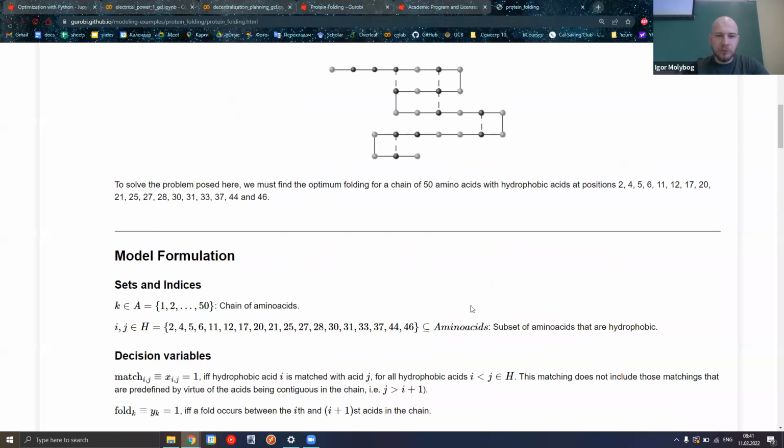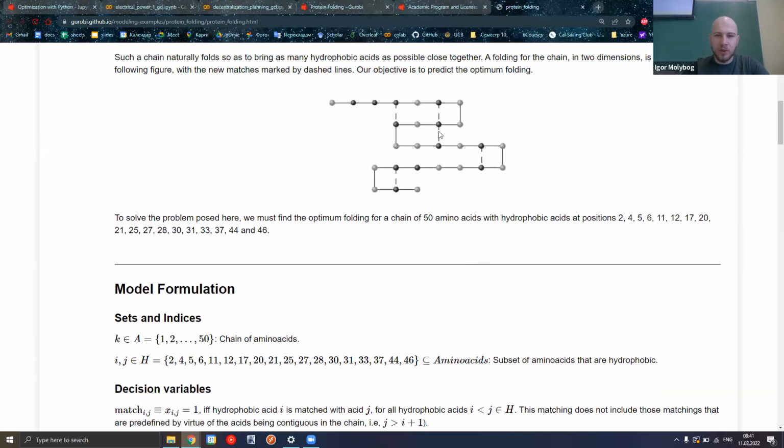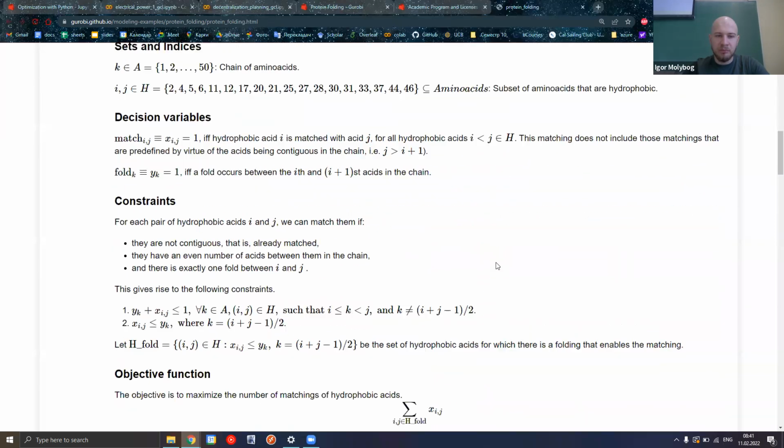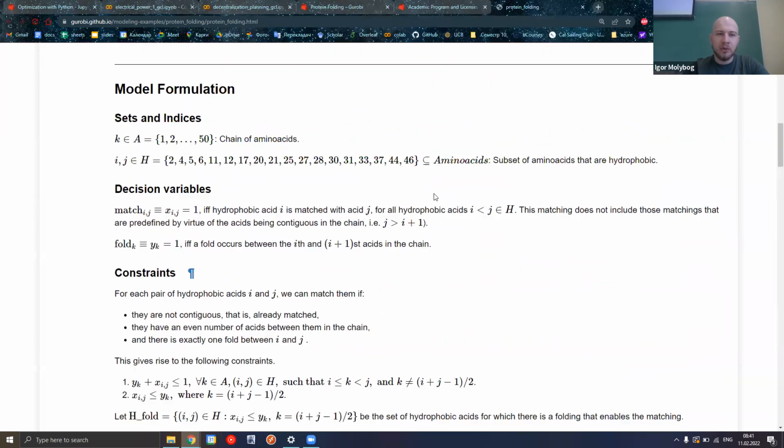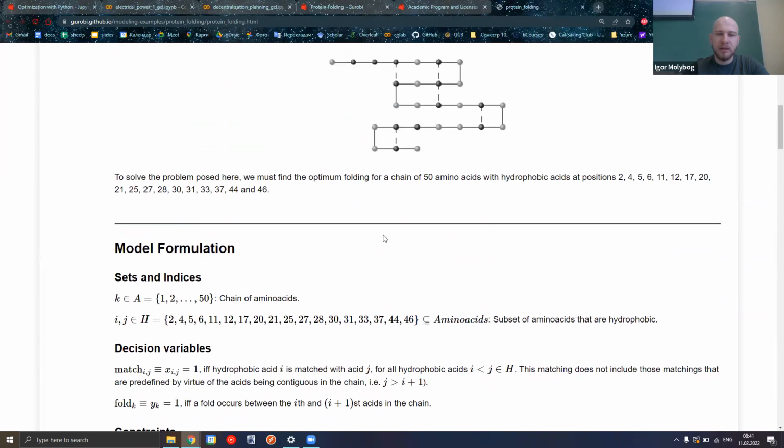Okay, so now we need to put this notion of folding into mathematical form. So we need to put down the constraints. First of all, we need to understand how exactly folding is happening. We are matching between a number i and a number j if and only if our folding has happened exactly in between them.